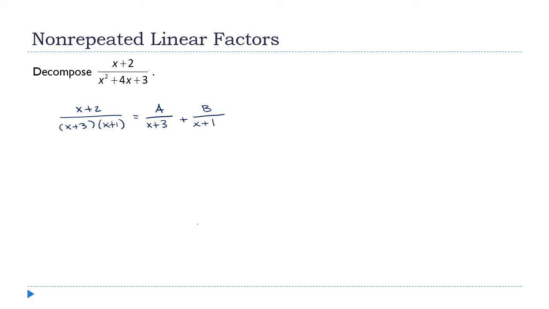Well, here's what I'm going to do. I'm going to add these two rational expressions on the right-hand side together. How do you add fractions? Well, I've got to have a common denominator. So I'm just looking at the first one. I'm going to multiply the denominator by x plus 1, and I'm going to multiply the numerator by x plus 1.